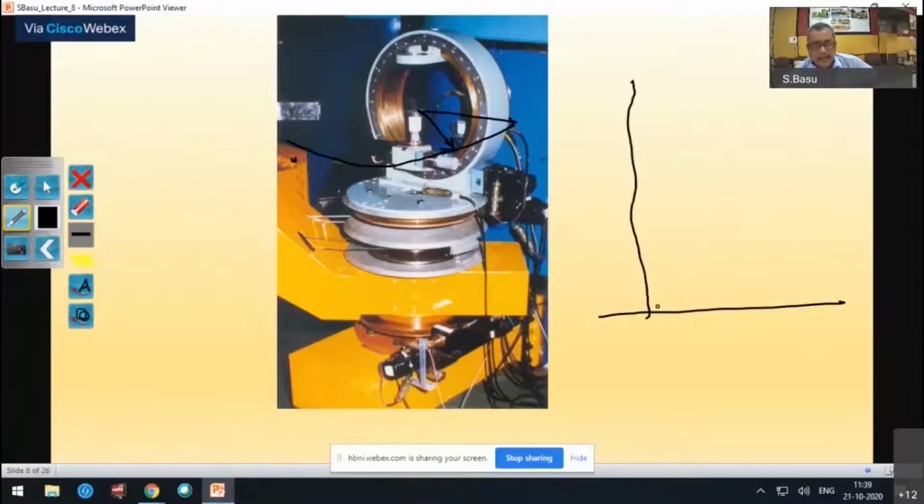Though hydrogen is a very strong incoherent scatterer, and I warned you that in powder diffraction you should not use a hydrogenous crystal, here, because it is a single crystal, the reflection is very strong. So we can ignore the incoherent background and we can use hydrogenous crystals.